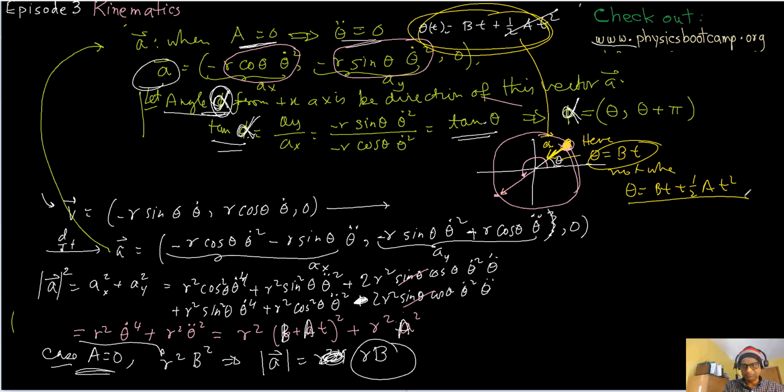When you have a more general formula like that, a general case like that, your direction will not be along to the center as you're seeing here, and you probably know that this is called centripetal acceleration.